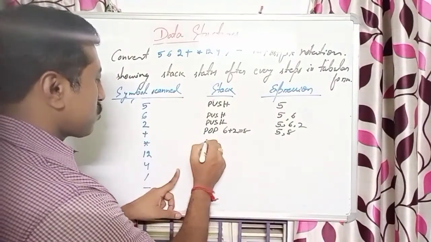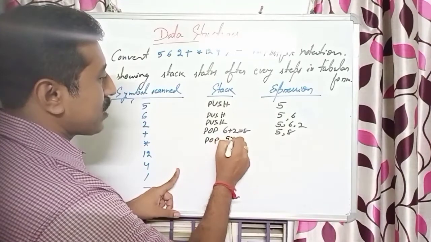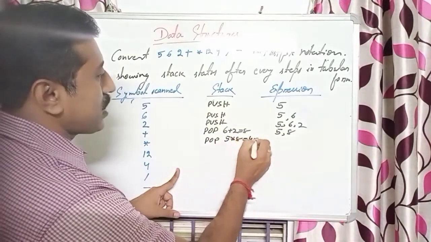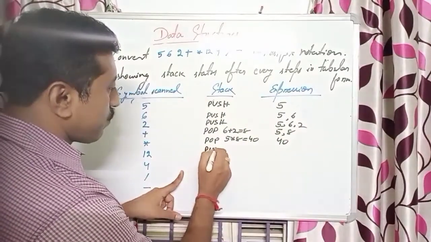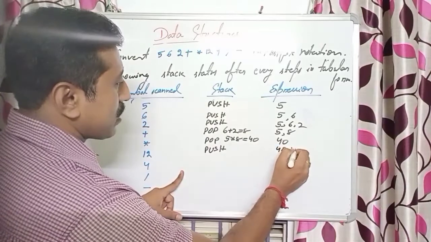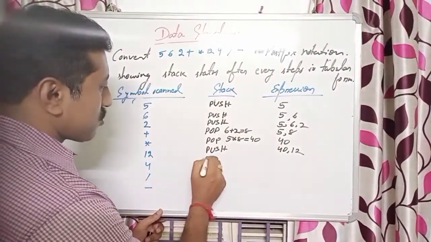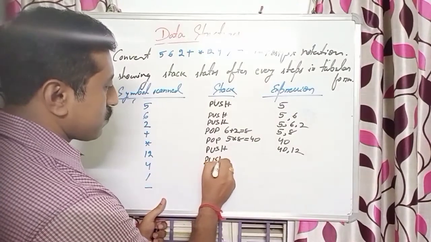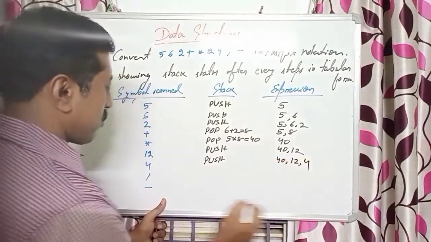Then multiply comes, so that also pops. It was 5 into 8 equal to 40, so the output will be 40. Then 12 comes, that is push, so 40, 12. Then 4 comes, push, so 40, 12, 4.